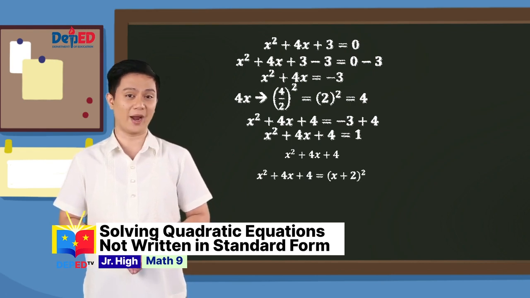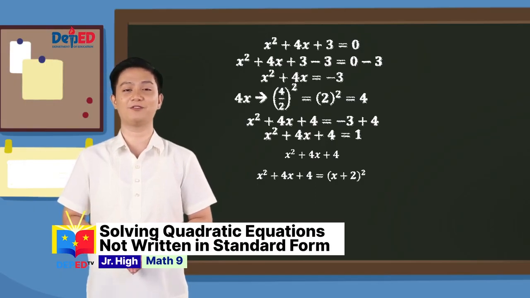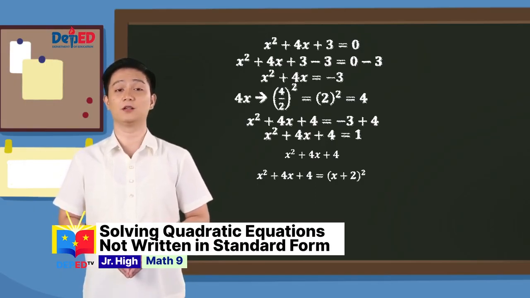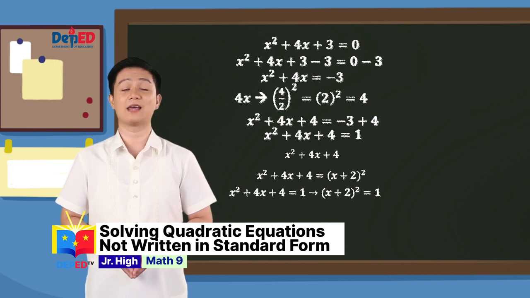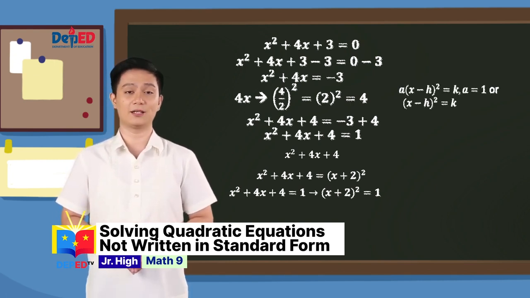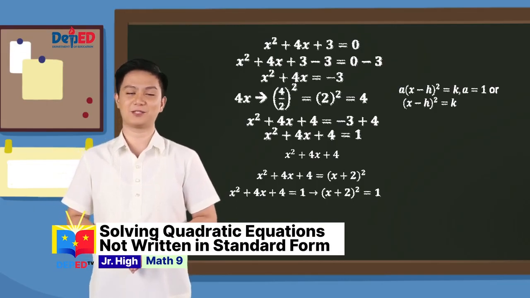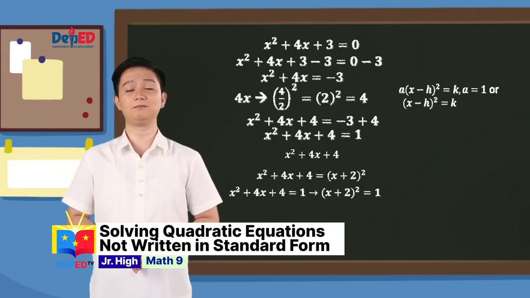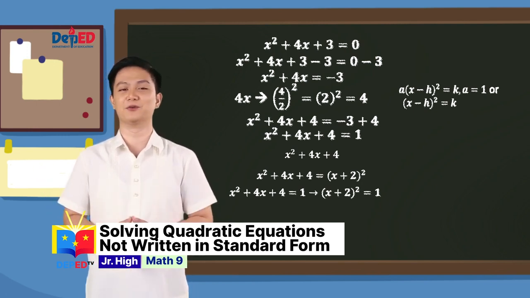X squared plus 4x plus 4 is equal to the square of the binomial x plus 2. Therefore, we have the equation x plus 2 quantity squared equals 1. At this point, the equation is of the form a multiplied by the square of x minus h equals k, where a is just 1, or of the form x minus h quantity squared equals k, and can be solved by extracting square roots.